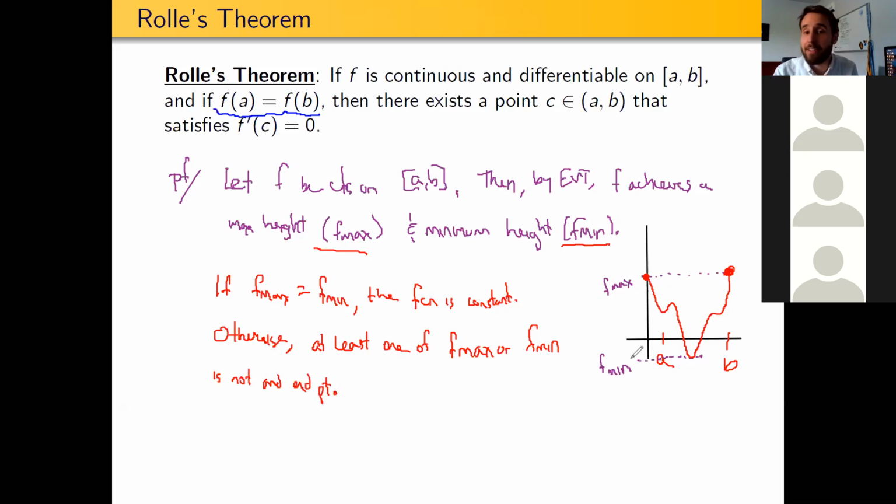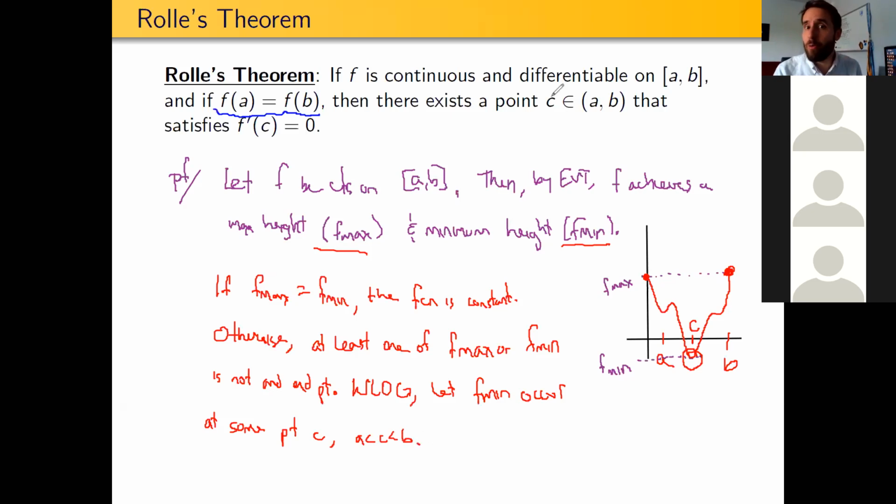Without loss of generality, let's assume it's the minimum value. So let's assume it's the way it is in the picture, and let's assume it happens at some point in the middle. Call that point c. So without loss of generality, let f min occur somewhere in the middle, at some point in between a and b.